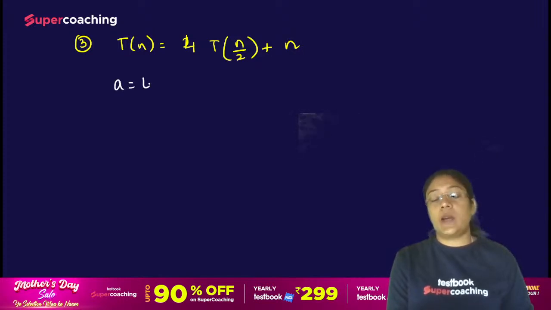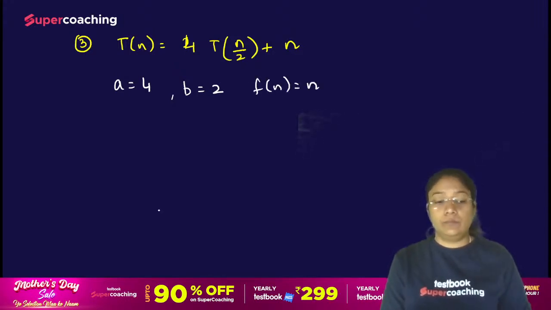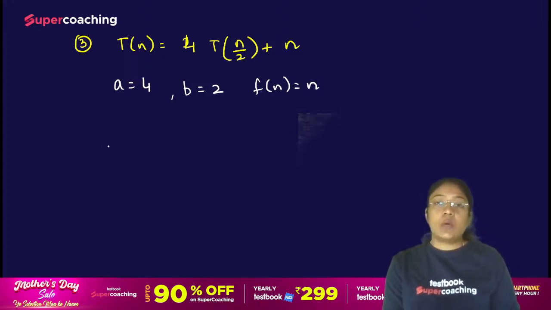Here, if you identify A is 4, B is equal to 2, and f of n is n. I guess ये questions आपके orally हो जाने चाहिए, so 30 seconds are more than sufficient.